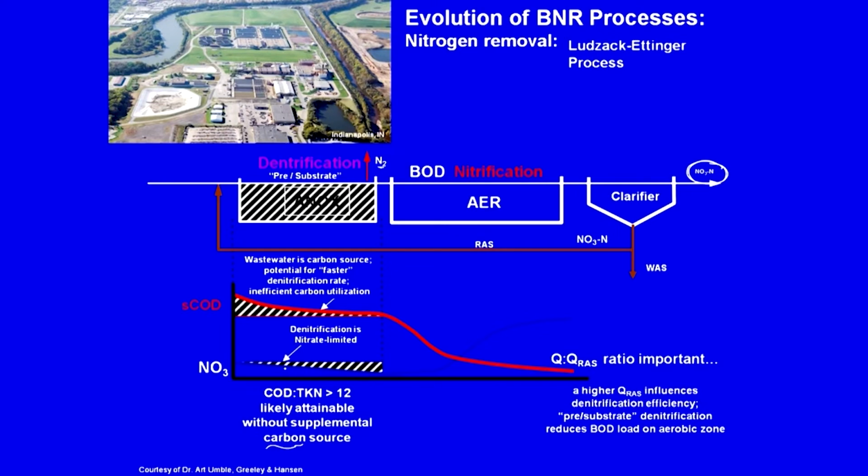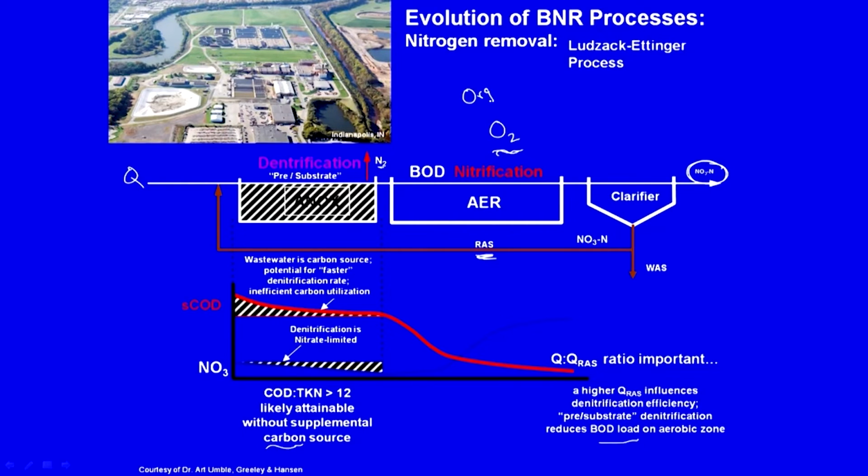So, this ratio Q to QRAS, return activated sludge, the Q to QRAS is important. A higher QRAS will influence the denitrification efficiency, right. Pre-substrate denitrification reduces BOD load on aerobic zone. Why is that? Here I need to put in money to pump in oxygen, right. But what is happening, what am I trying to remove?